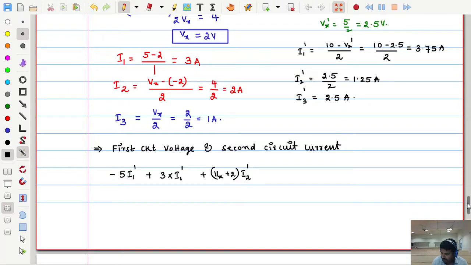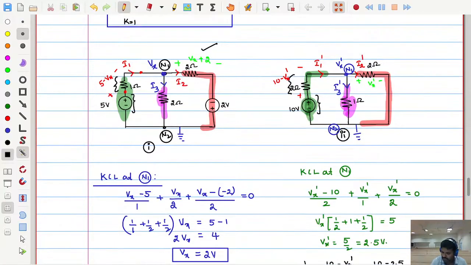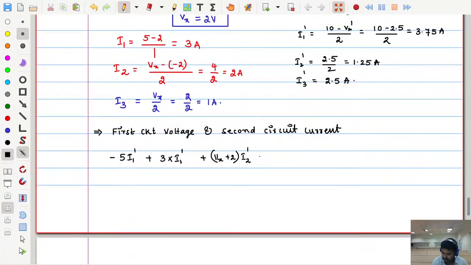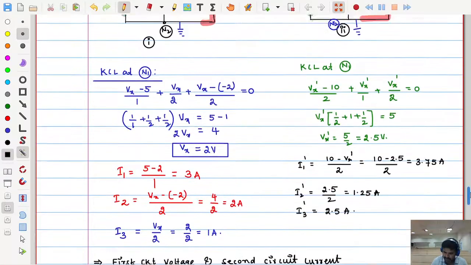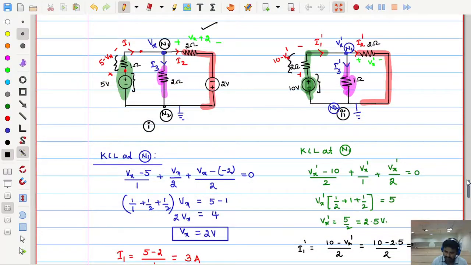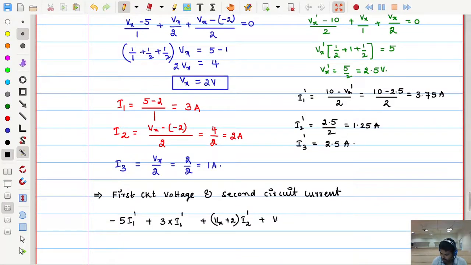I2 dash. Okay, next, this third resistor. How much is the voltage? Vx. How much is its corresponding second branch current? I3 dash.